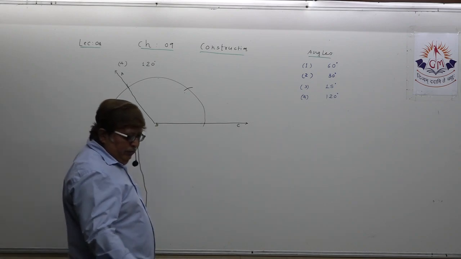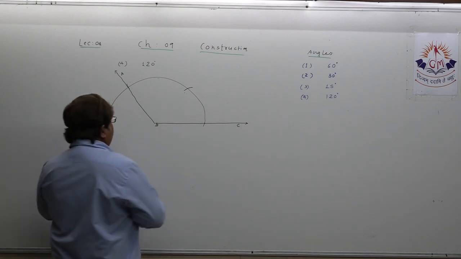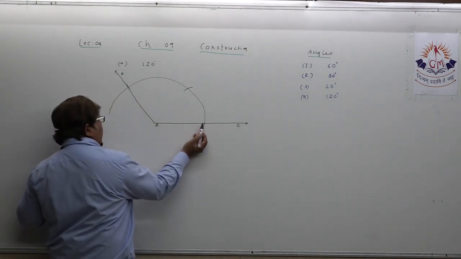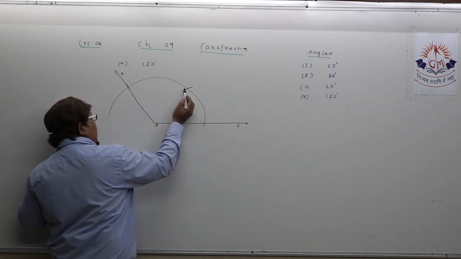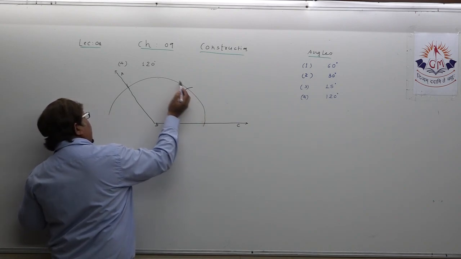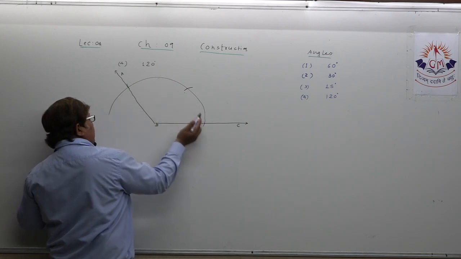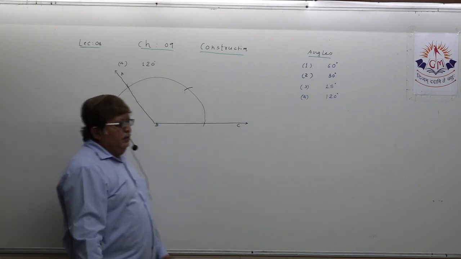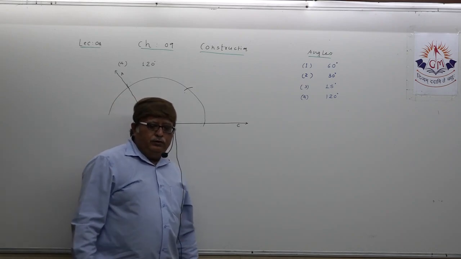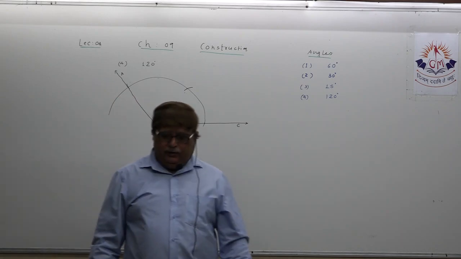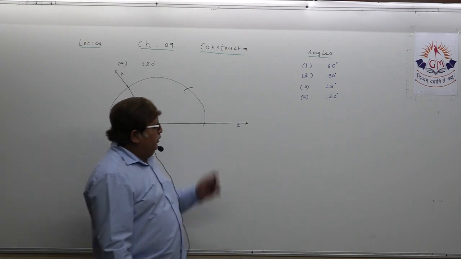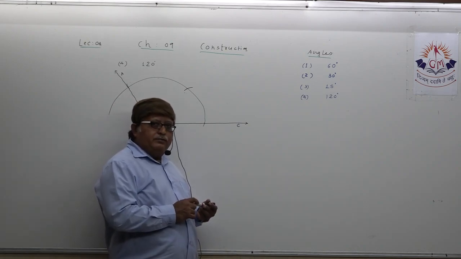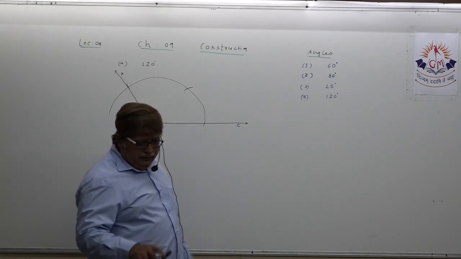So to be more precise and to understand how we have done, see, till here to here it is 60 degree, here to here 60. So 60 plus 60, it became an angle of 120 degree already. You understood this?